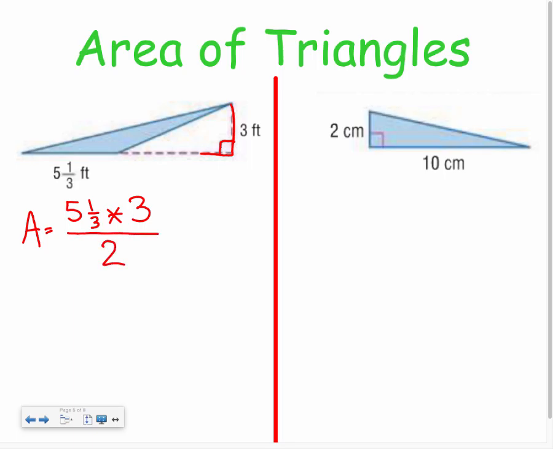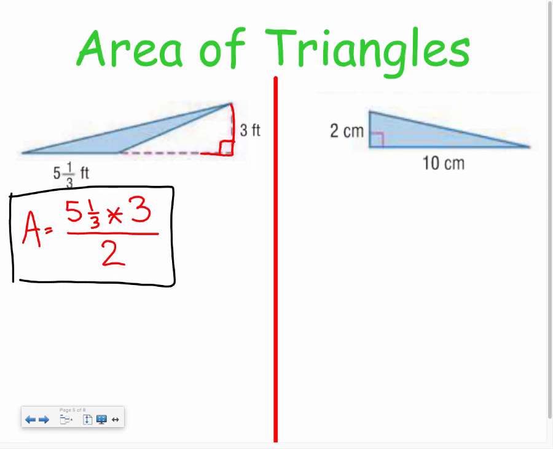I forgot to acknowledge this in the parallelogram section, but yes, you do need to be writing out these formulas and showing your work. So you do need to write down this piece of information before you plug it into the calculator.